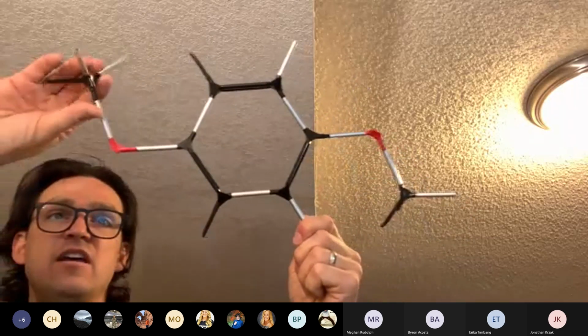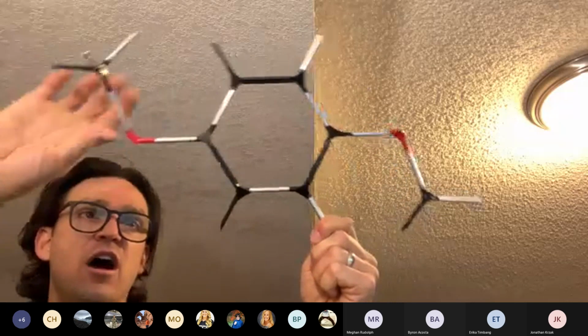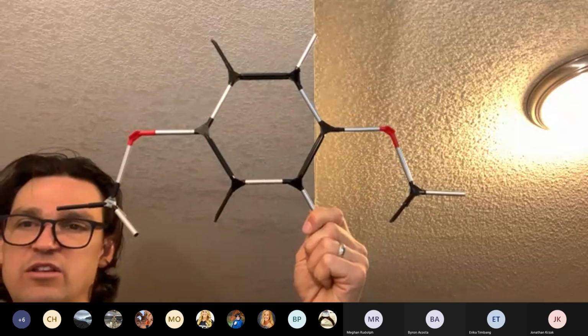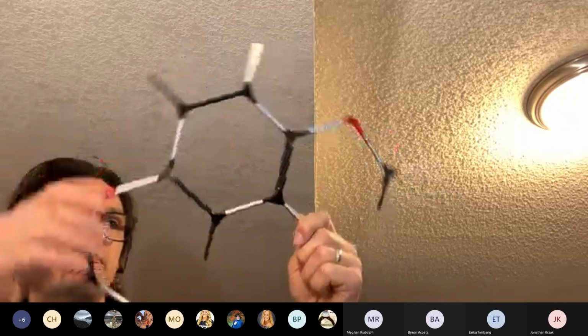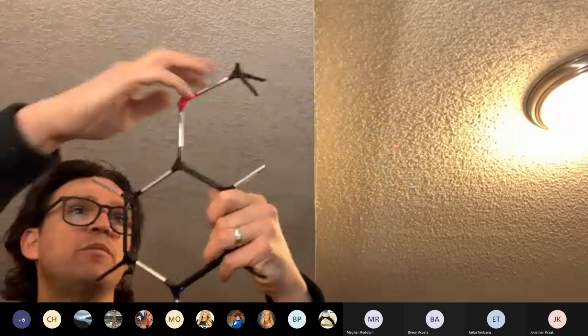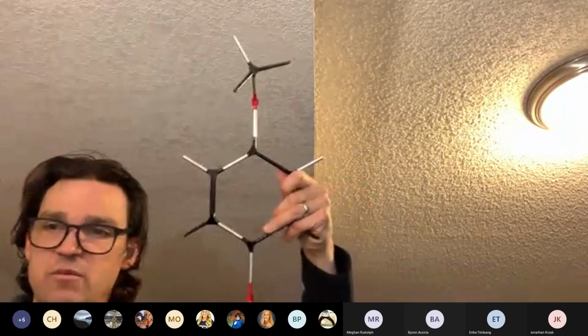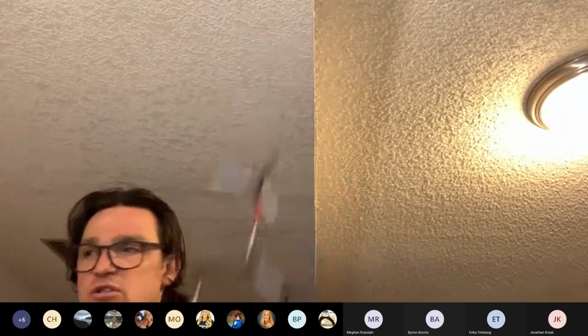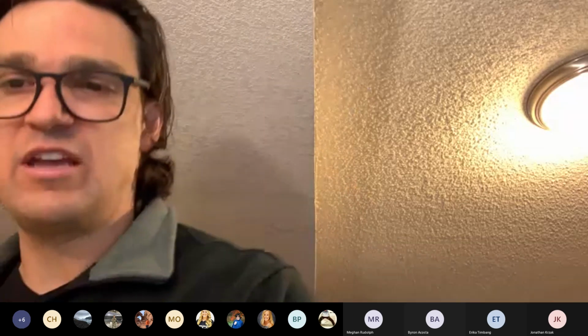You have to understand that there is free rotation around a carbon-oxygen bond. That's a single bond, and therefore you can see the plane of symmetry. And when you put the molecule like this and put both of those methoxy groups coming out like this, then you can see the other axis of symmetry like that. So we have two axes of rotational symmetry.